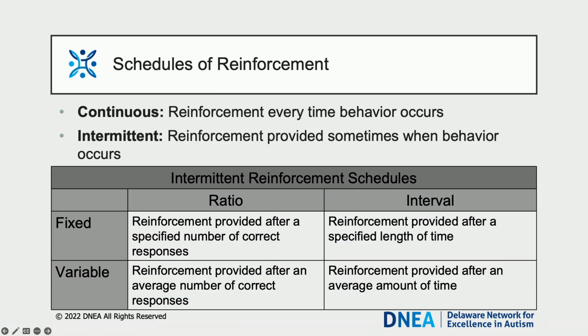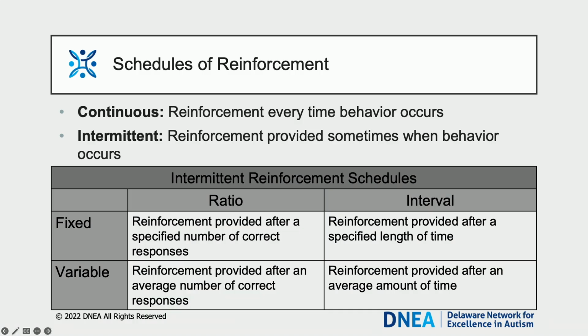In a fixed ratio schedule, reinforcement is provided after a specified number of correct responses. In a variable ratio schedule, reinforcement is provided after an average number of correct responses. In a fixed interval schedule, reinforcement is provided after a specified length of time.